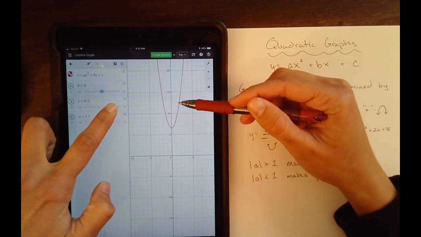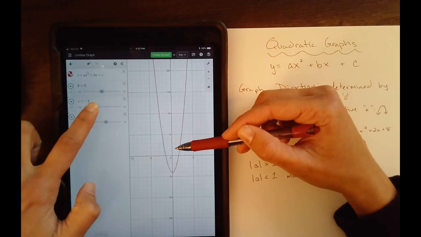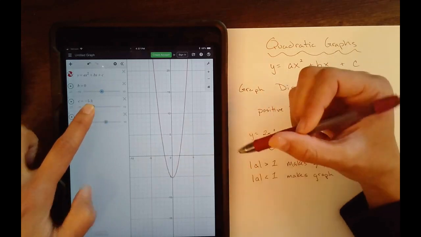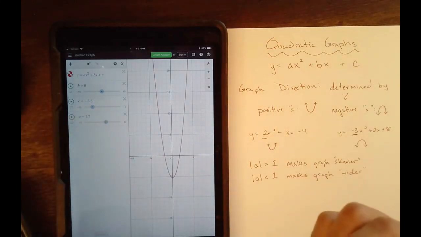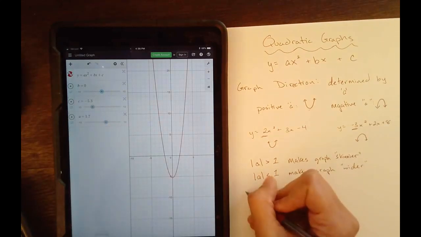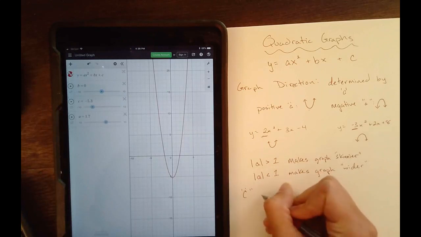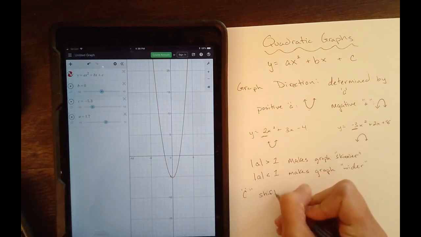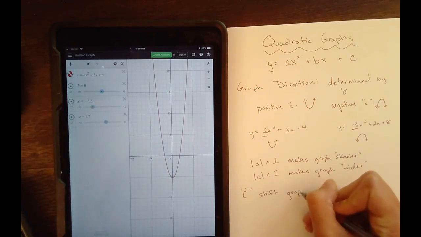So that C value is going to shift the graph up or down. It's also going to be our y-intercept.